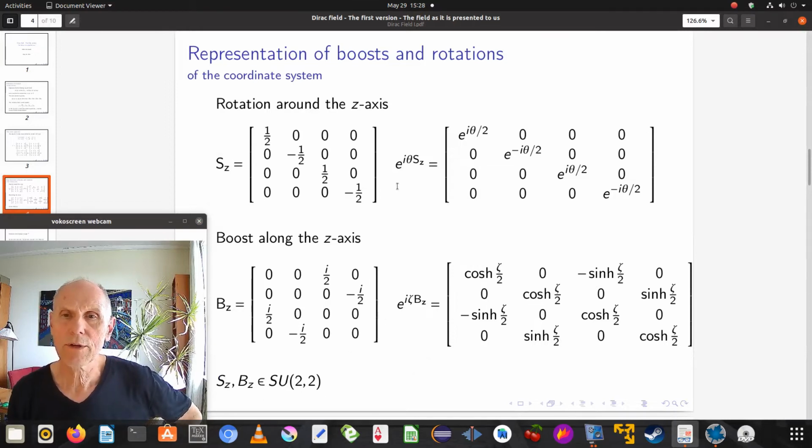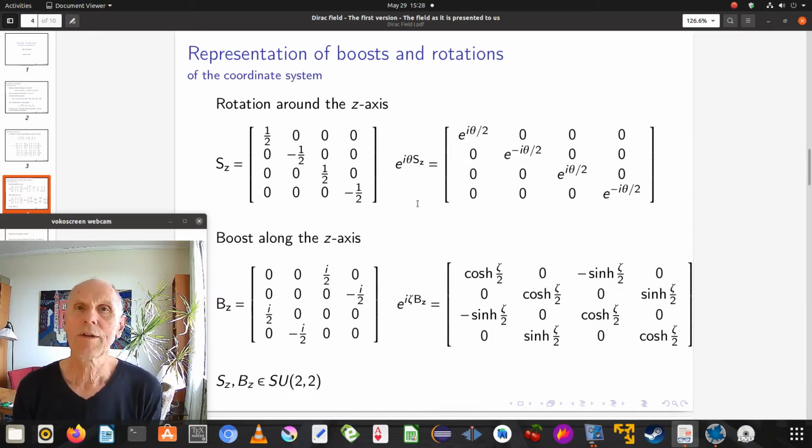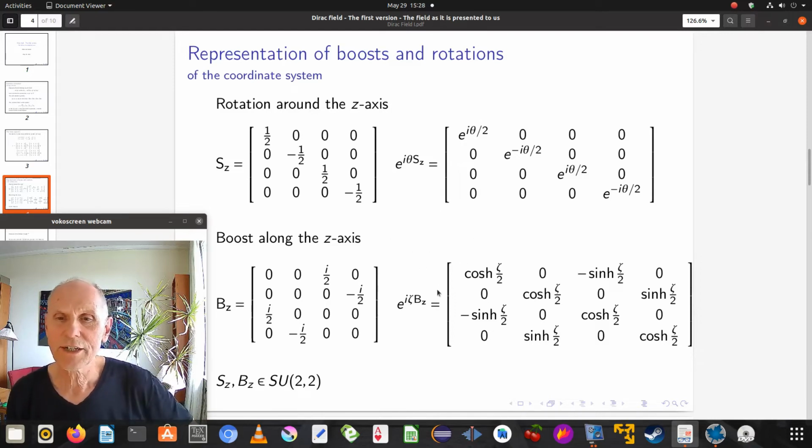And this is an error, down here it's a mistake. These guys, they are unitary matrices, and I actually want you to check that, and it's easily done.